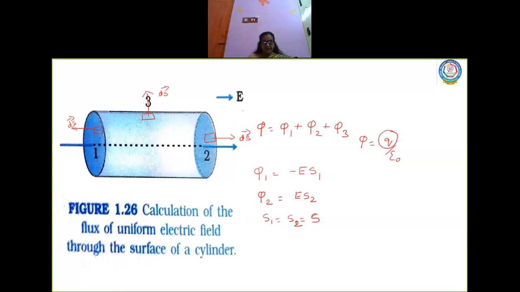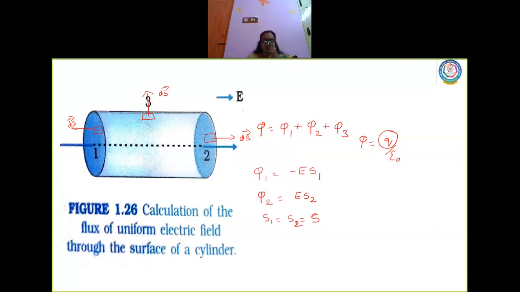Okay, and it is not that the charges are only to be inside the surface. The charges can also be outside the surface. So we will be able to find out the electric field due to the charges which is outside the surface also. Okay, to find out that, you need to find out a Gaussian surface.